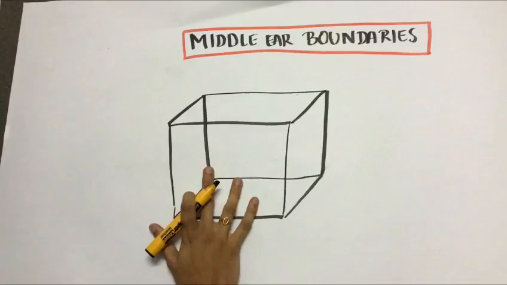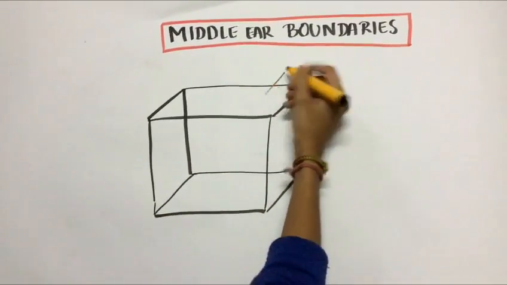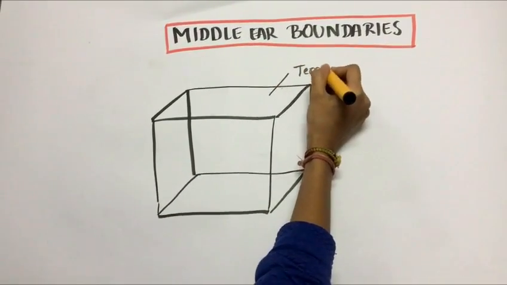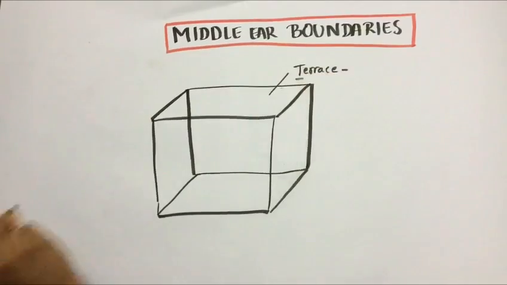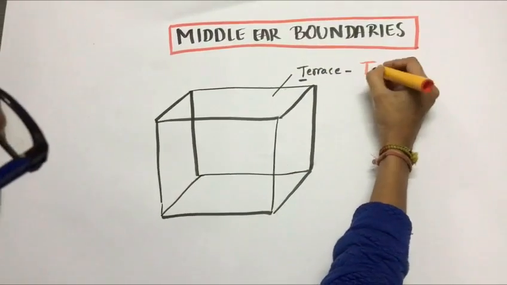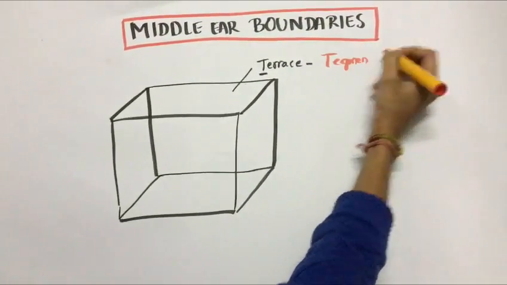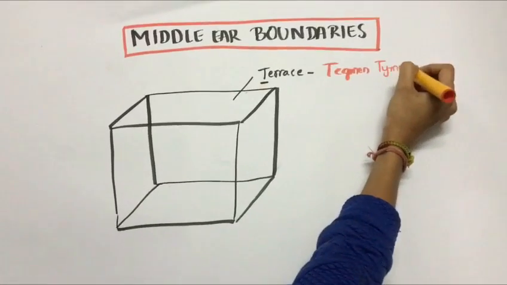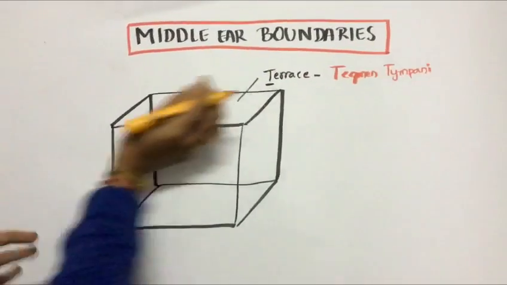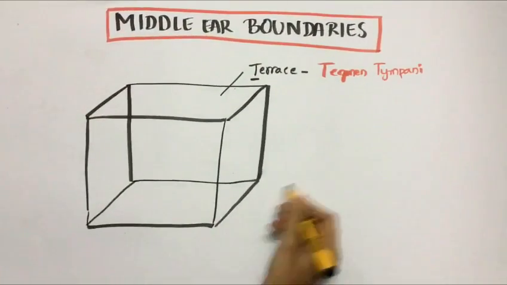And just remember a house. In the roof, there will be a terrace, right? T for tegmen tympani. In the roof, there is the tegmen tympani, a bony plate. This is the roof.